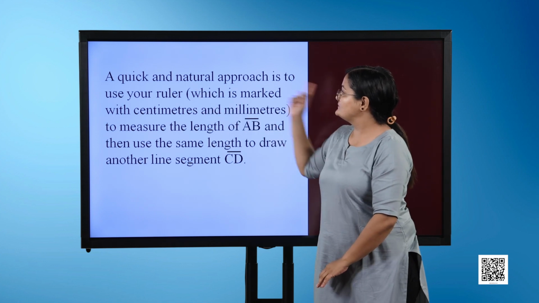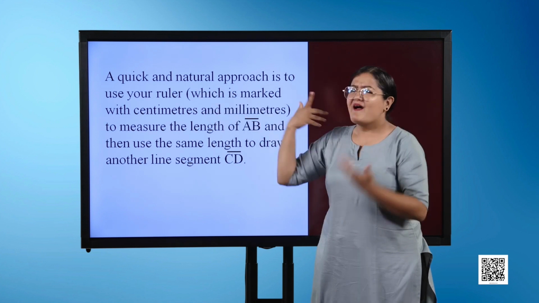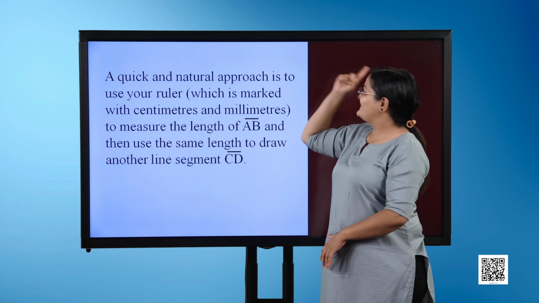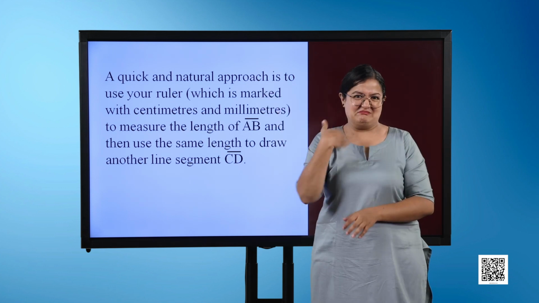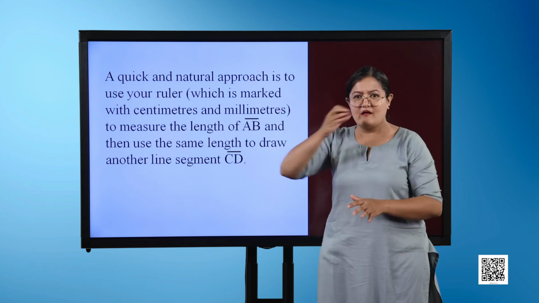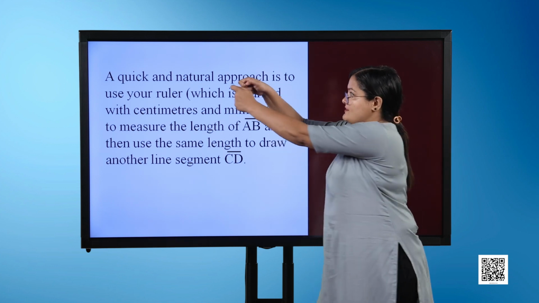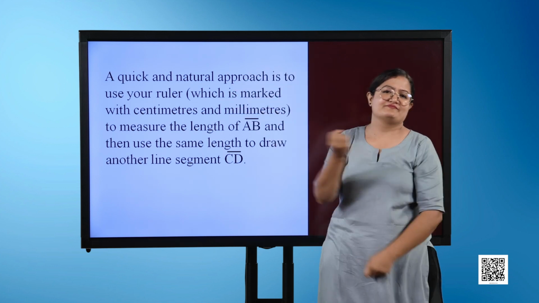A quick and natural approach is to use your ruler, which is marked with centimeters and millimeters, to measure the length of segment AB, and then use the same length to draw another line segment CD.